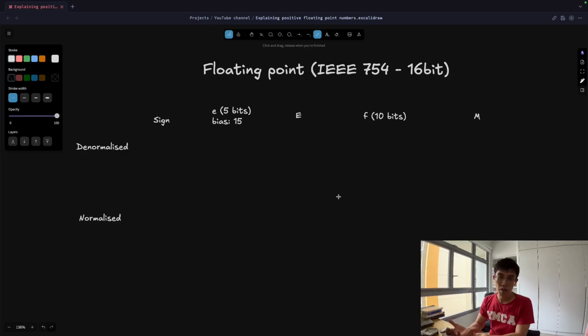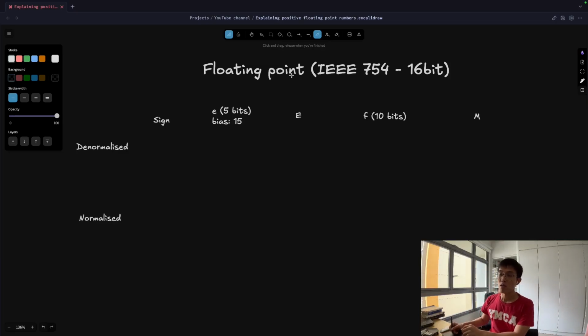We could use 8-bit, but 8-bit is typically just used in teaching and understanding.